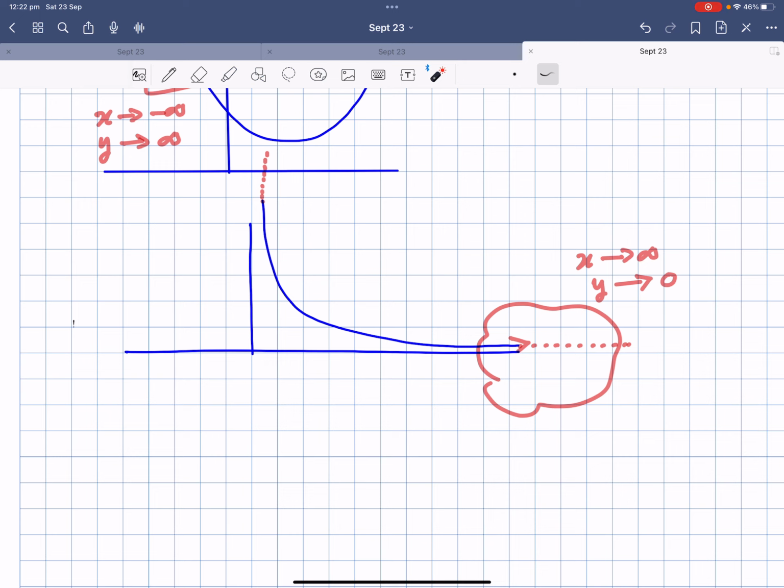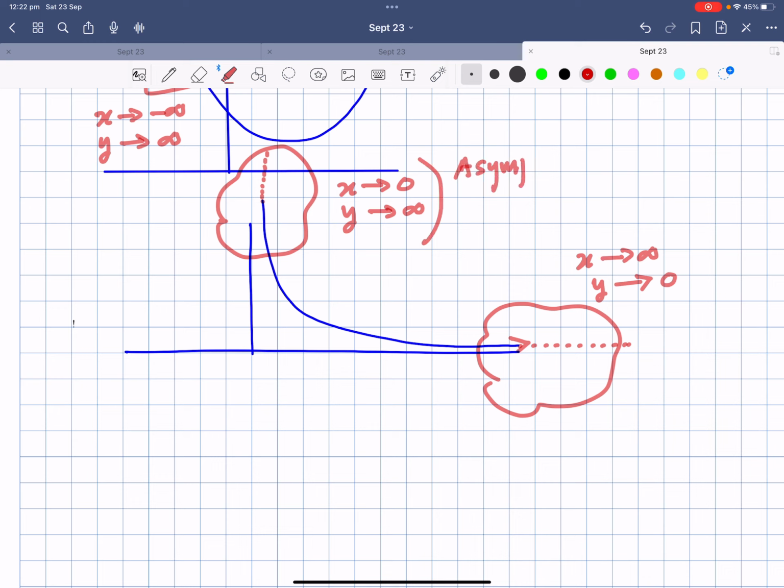So the behavior here, we can say x goes to 0, y goes to infinity. You can see this is asymptote condition. This is asymptote condition, and this is asymptote condition as well. Right? So you can summarize in your own words what is asymptote condition.